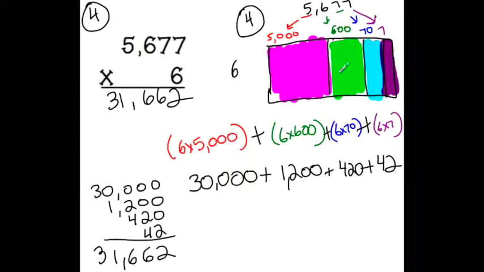This one goes for this one, this one goes for this one, and once you have that, you are going to put a plus in between them to show we're going to add them all together. Then you can solve and then add them all together, and that will give you your answer.